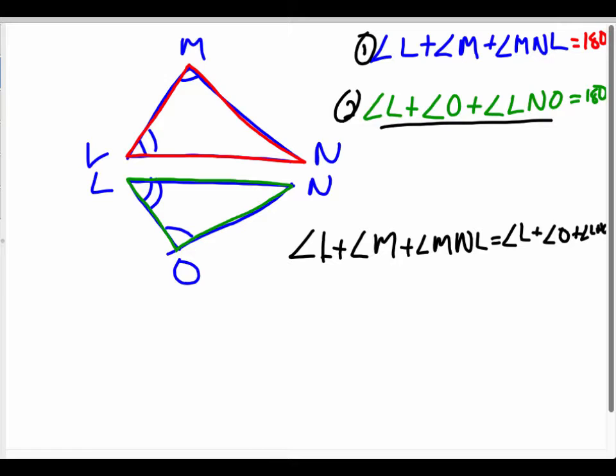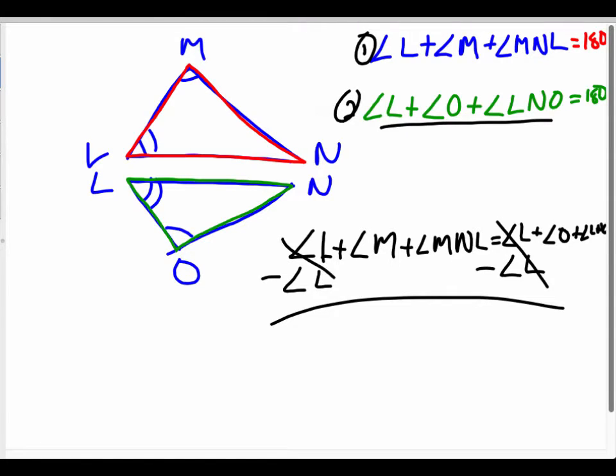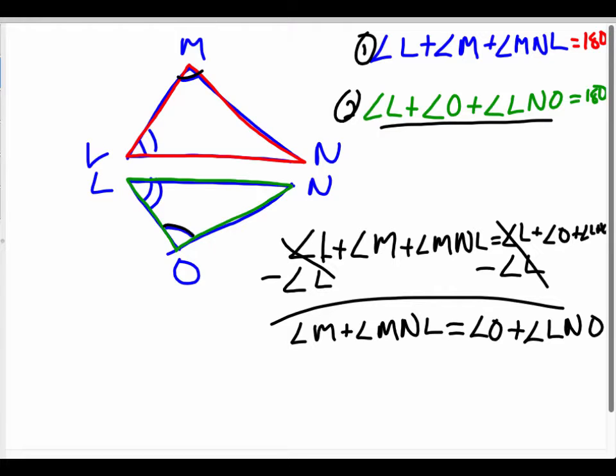Now, if that's the case, right off the bat, I can subtract angle L. Those cancel, and I get angle M plus angle MNL is equal to angle O plus angle LNO. What do we know about angle M and angle O? They're congruent. So I could say angle M is congruent to angle O.